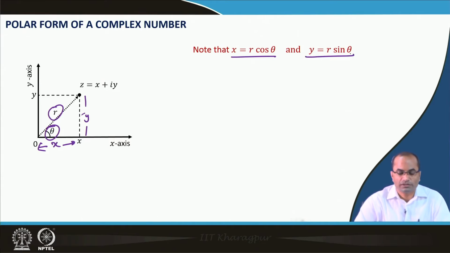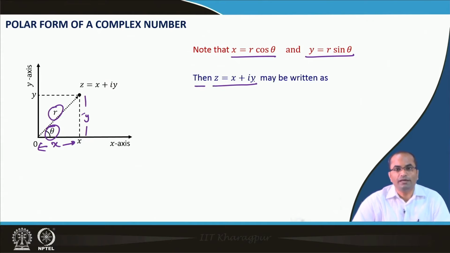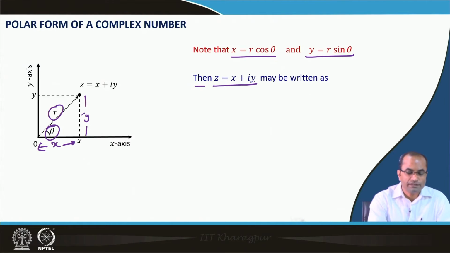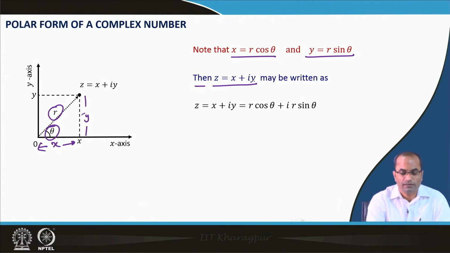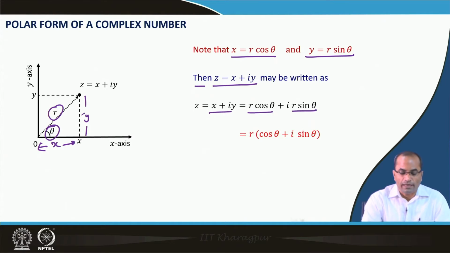Then z equal to x plus i y can be written as, with this relation, x is r cos theta, y is r sin theta, and if we take r common we have r times cos theta plus i sin theta.